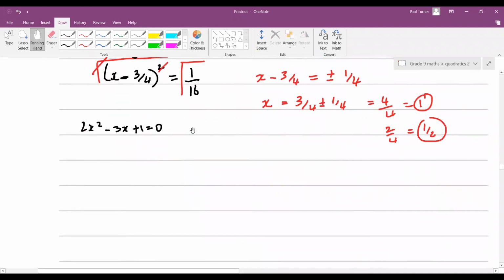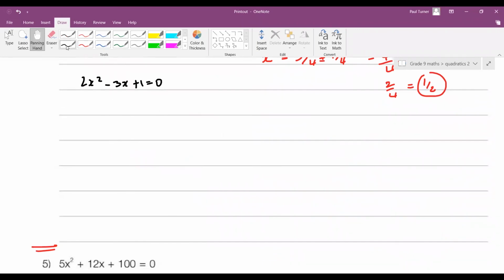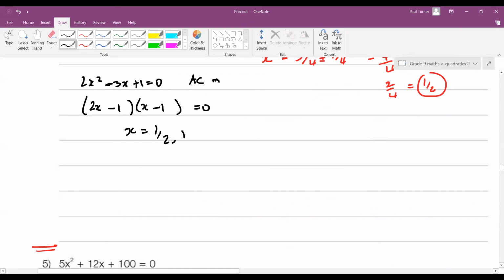It's much easier to factorize this particular problem, unless I ask you to complete the square. So you'd have 2x, x, and this must be negative and this is positive, so these have to both be minus 1. So x equals 1/2 and 1. Just done, that's it, finished. This would be the AC method from the last section.